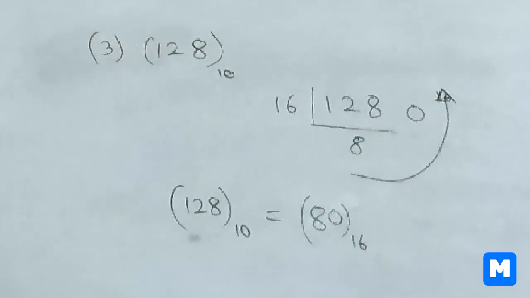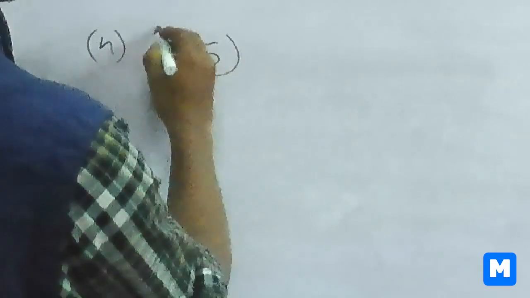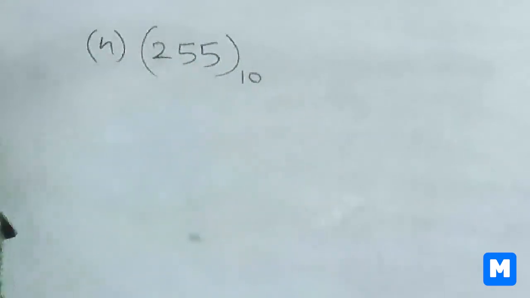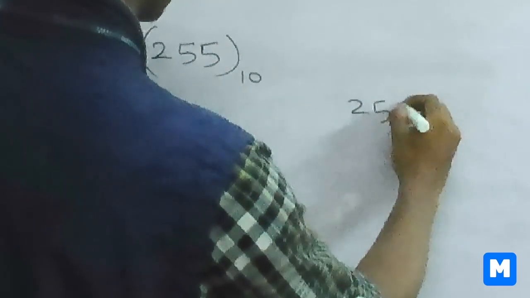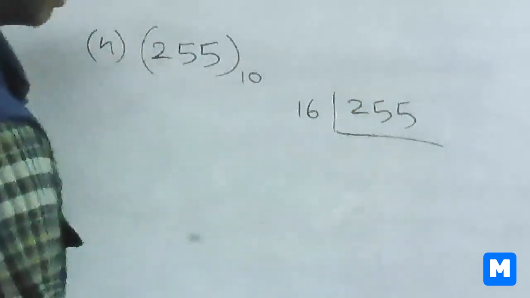Let's take another example. Let's convert 255 from your decimal system to your hexadecimal system. So we take 255, we repeatedly divide by 16.